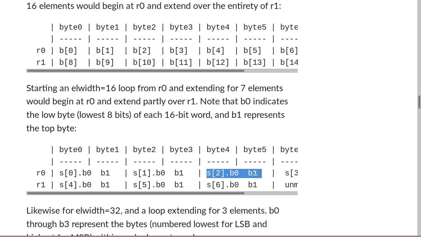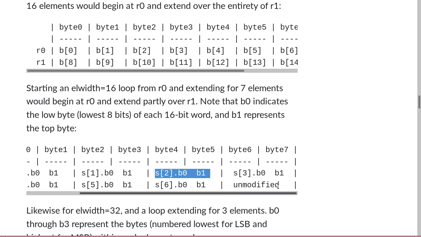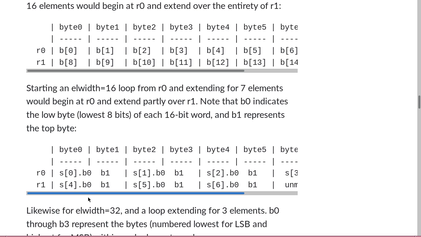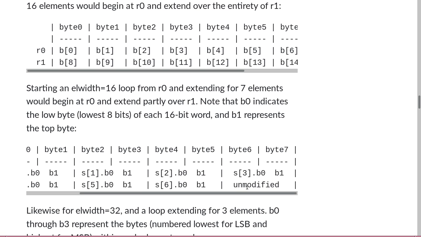Short 2 goes into byte 4 and 5, and short 3 goes into byte 6 and 7. And then you roll over to register 1 for short 4. And the critical thing to note is that if your vector length was 7, bytes 6 and 7 remain unmodified.